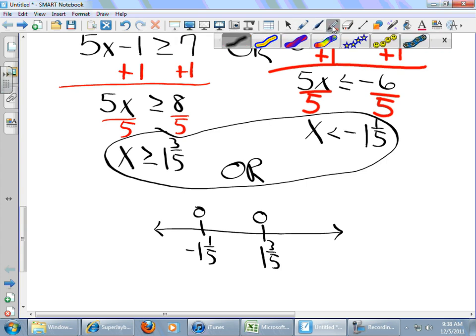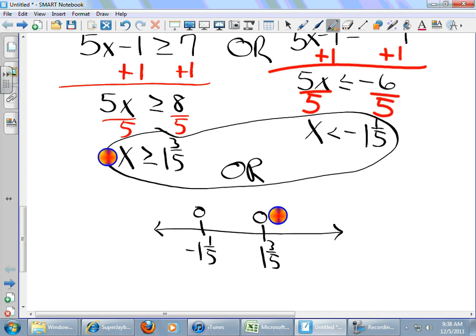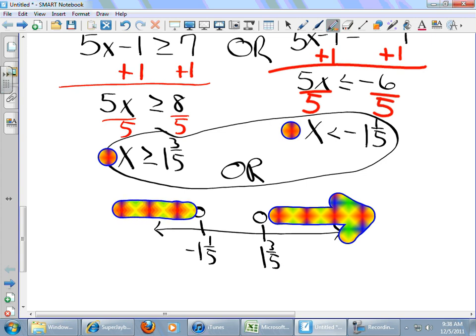Well, this first part here, I need numbers bigger than 1 3/5. Well, I think the numbers bigger would be to the right of 1 3/5. And for this part here, I need numbers smaller than -1 1/5. Well, those numbers would be to the left of -1 1/5. And there is my picture.